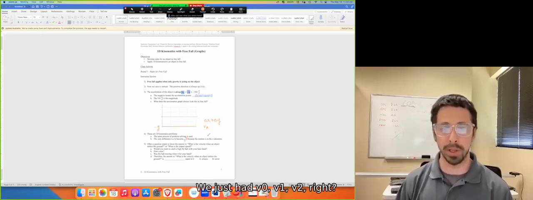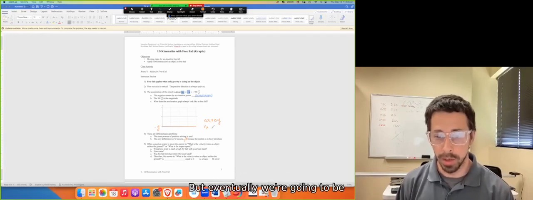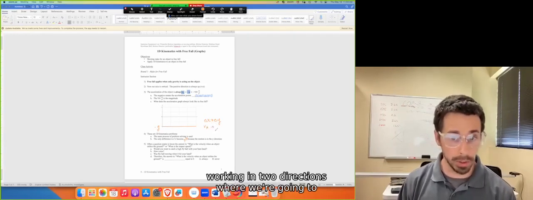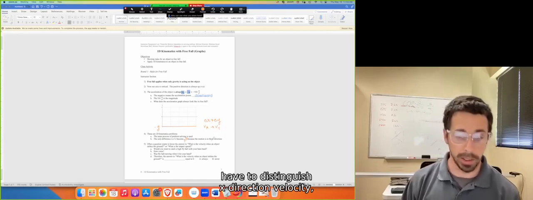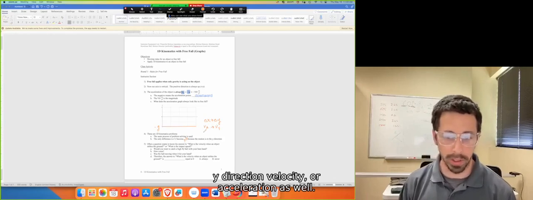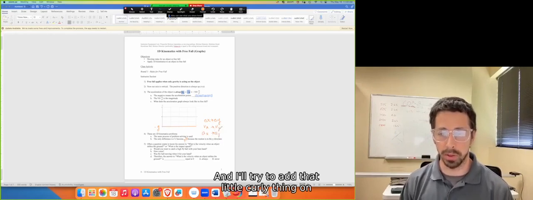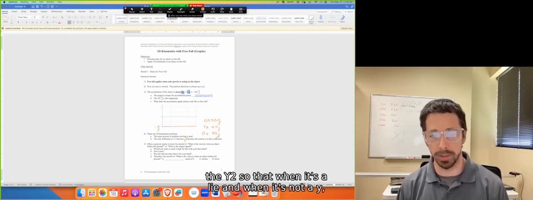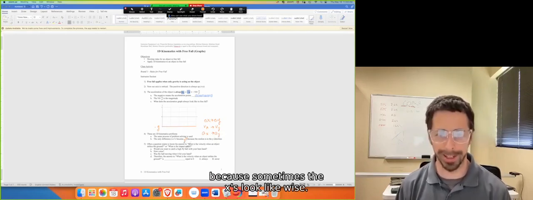We just had v1, v2, because it was in the x direction. But eventually we're going to be working in two directions where we're going to have to distinguish x direction velocity, y direction velocity, or acceleration as well. Acceleration in the x becomes acceleration in the y. And I'll try to add that little curly thing on the y too, so that you know when it's a y and when it's not a y, because sometimes the x's look like y's.